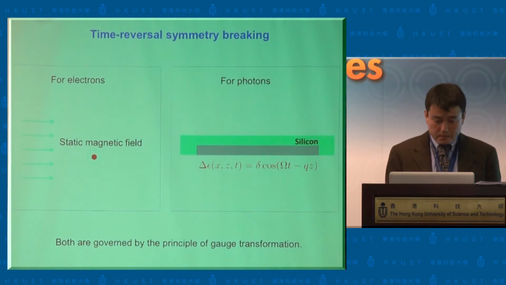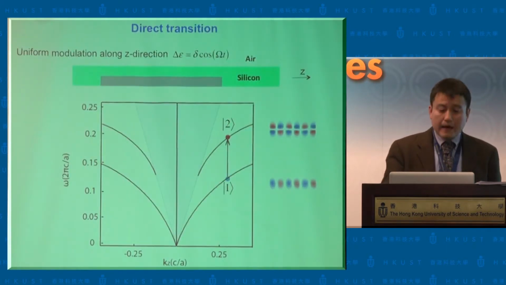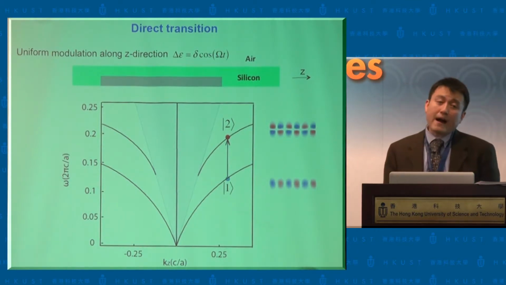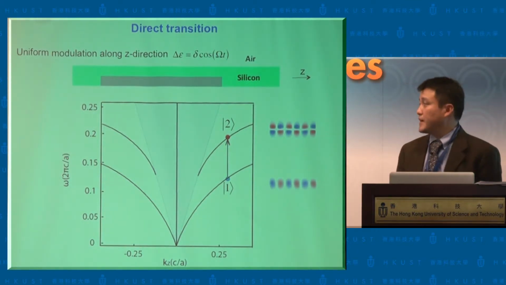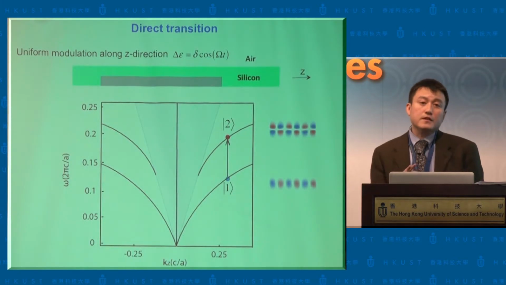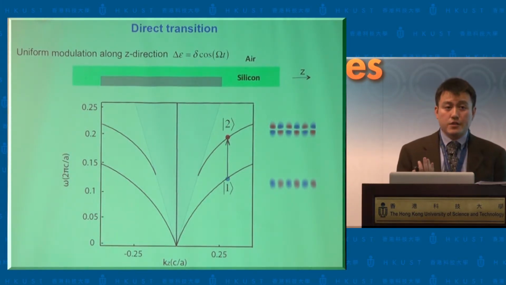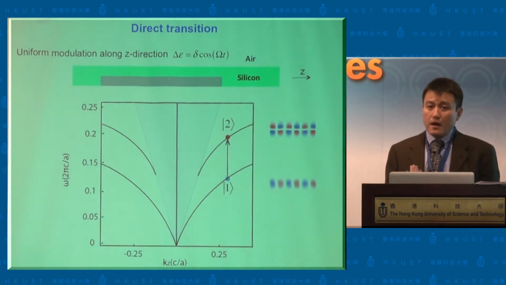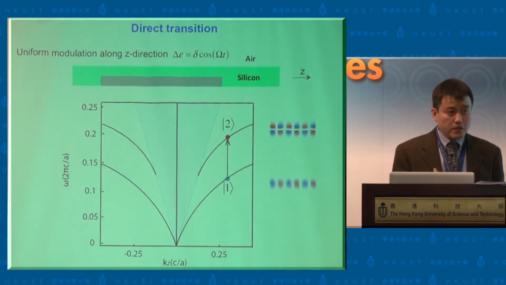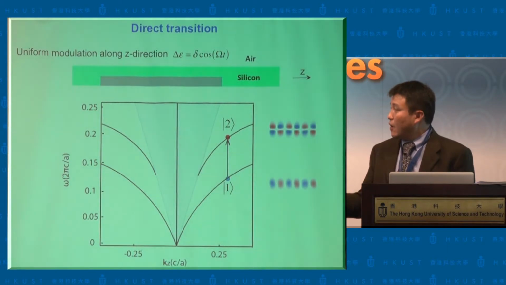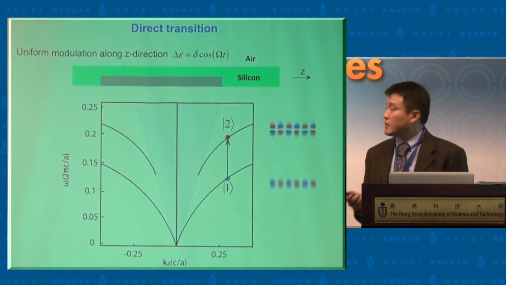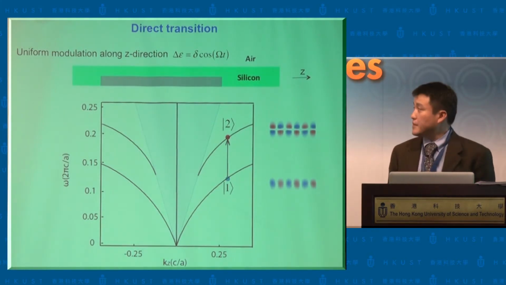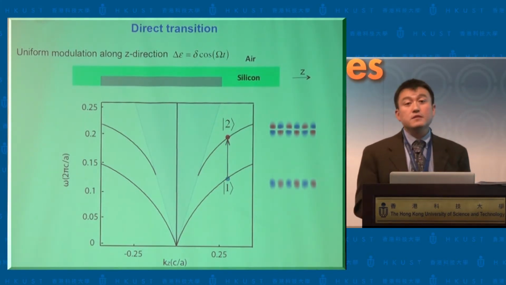Okay. So to illustrate that, I will again go back to the photonic transition picture, but instead of considering an indirect transition where the two states involved have different wave vectors, I'm going to be considering a direct scenario where the two states have the same wave vector, so you'll be modulating basically with only a time dependency, but no spatial dependency.